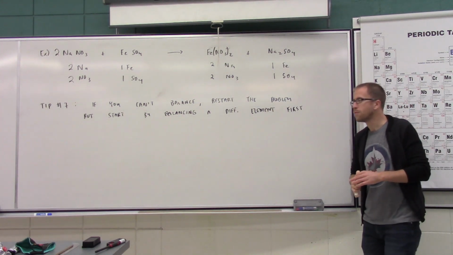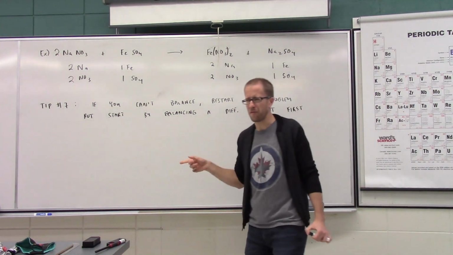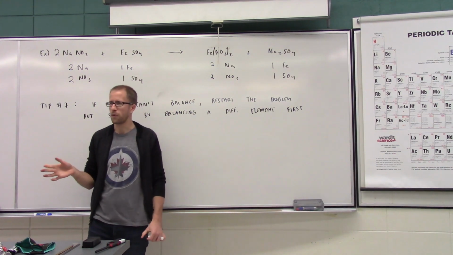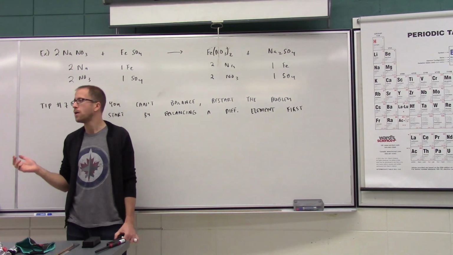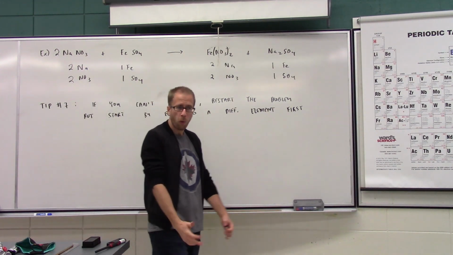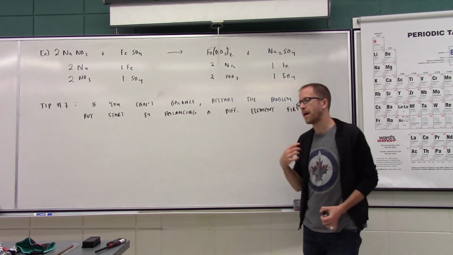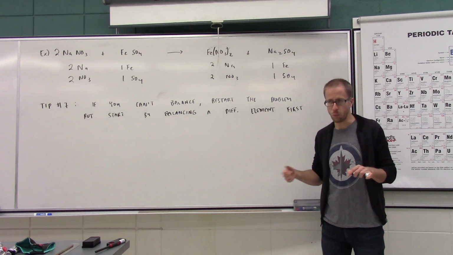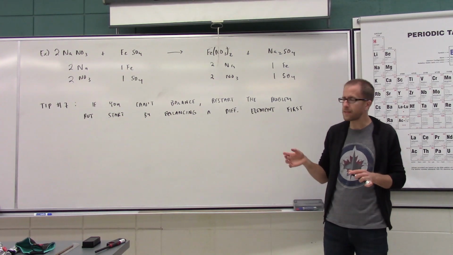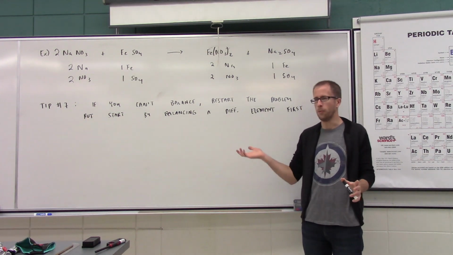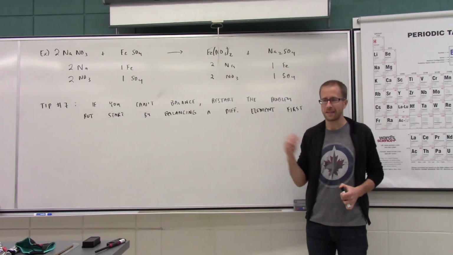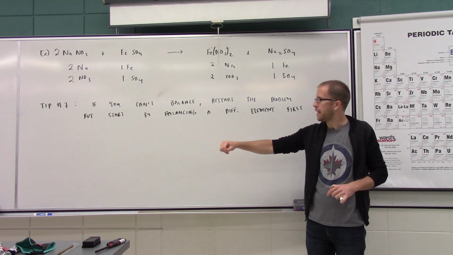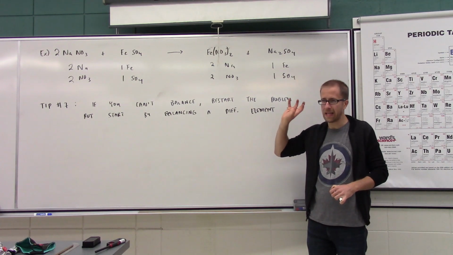Sometimes, if you don't balance the right element first, the problem becomes impossible. I can't think of a great example off the top of my head right now, but there are certain chemical equations where you're like, okay, I'm going to start by balancing sodium. And if you go that road, you'll end in one of those endless loops. So sometimes you just need to take a breath, restart, and start by balancing a different element first. Okay? That's my last tip.